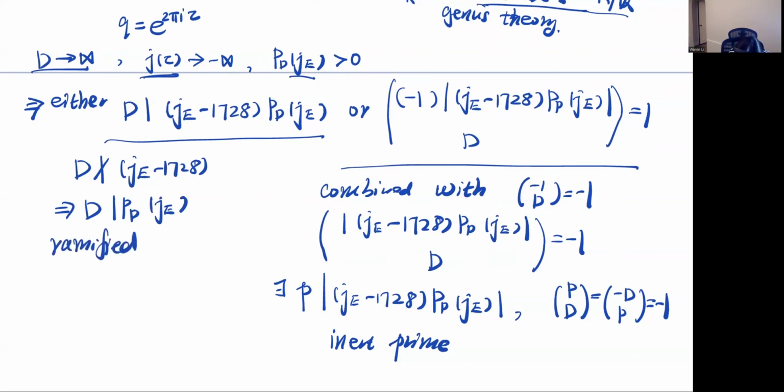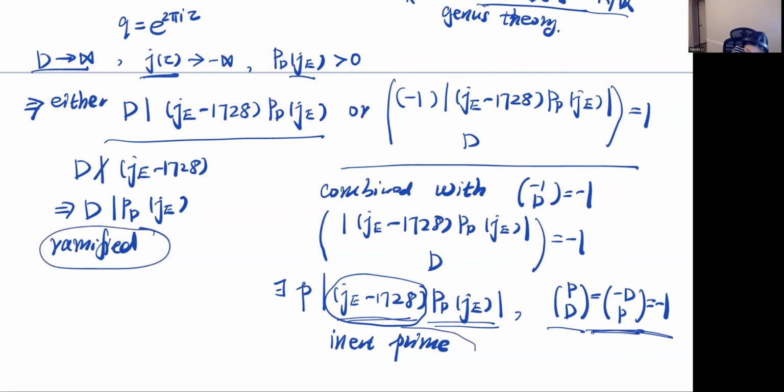Another thing we recall is that P cannot divide the first factor, because I assumed that all primes P such that minus D over P is minus 1 that divide this factor split in Q adjoined square root of minus D. So P has to divide the second factor if this Legendre symbol happens. So I will either get a ramified prime or an inert prime such that PD of JE is 0 mod P. Then that's the end of the proof.